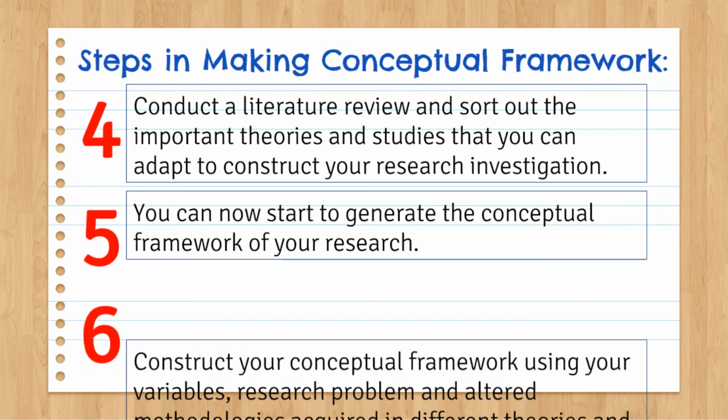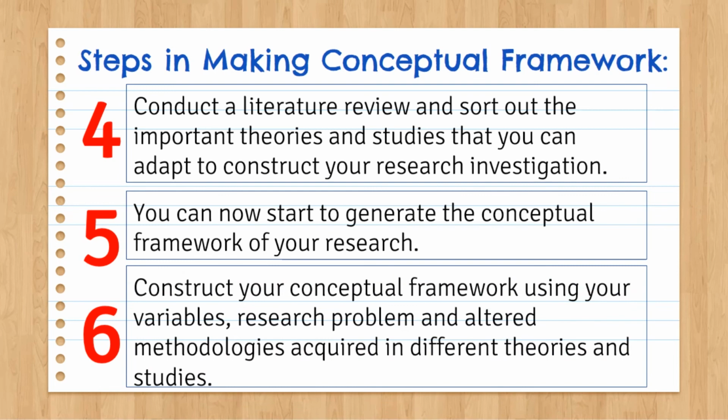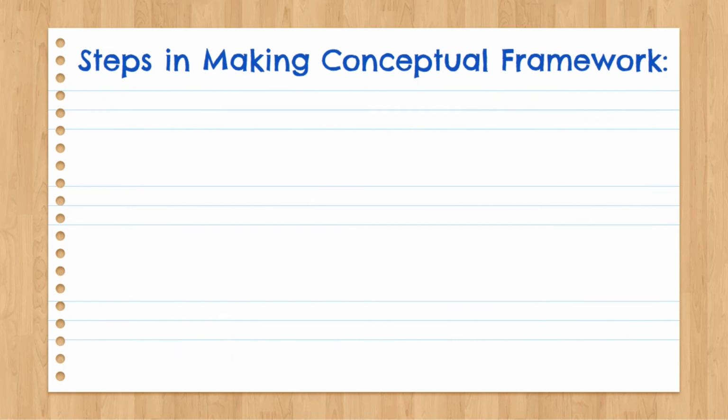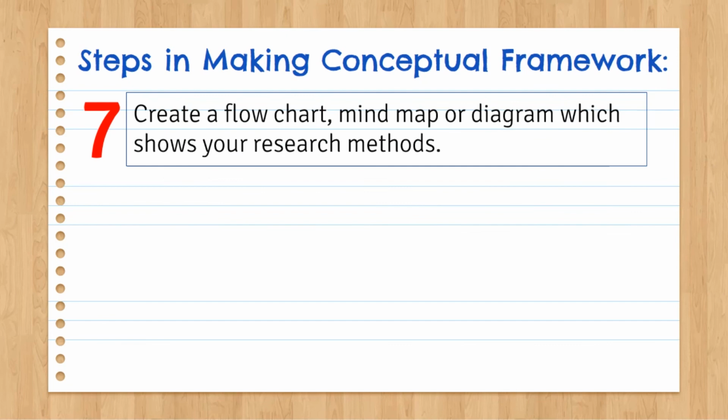And the 6th one, construct your conceptual framework using your variables, research problem, and altered methodologies acquired from different theories and studies. For the 7th step, create a flowchart, mind map, or diagram which shows your research methods.